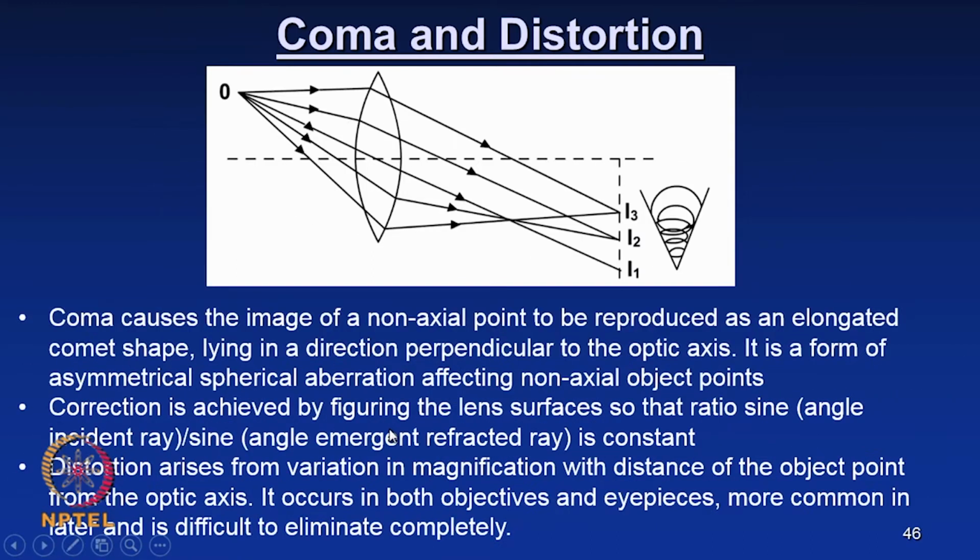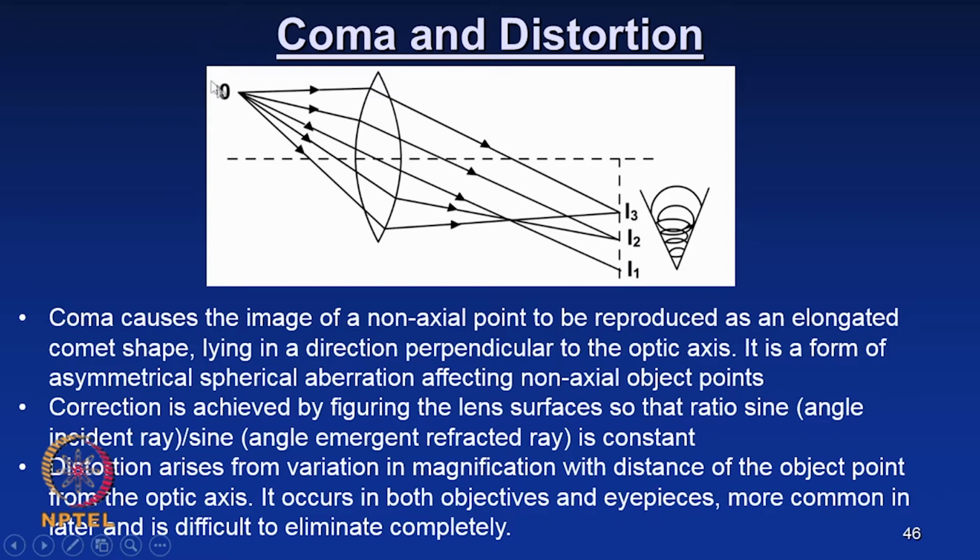The next defect is coma and distortion, and before we look into the description, let us look at the preliminary remarks. Coma causes the image of a non-axial point to be reproduced as an elongated coma shape lying in a direction perpendicular to the optic axis. It is a form of asymmetrical spherical aberration affecting non-axial object points.